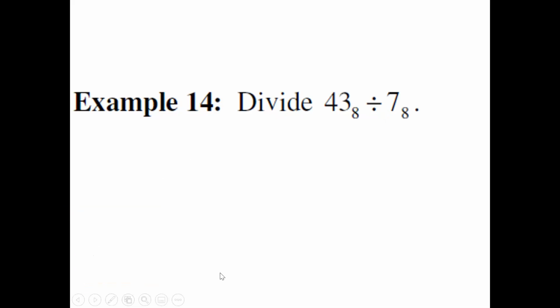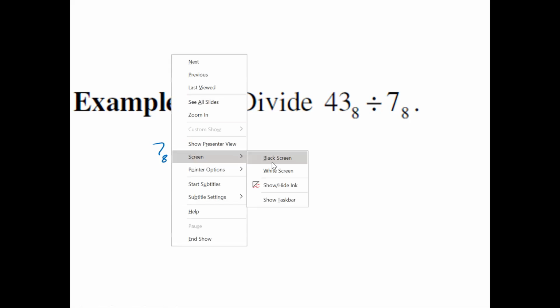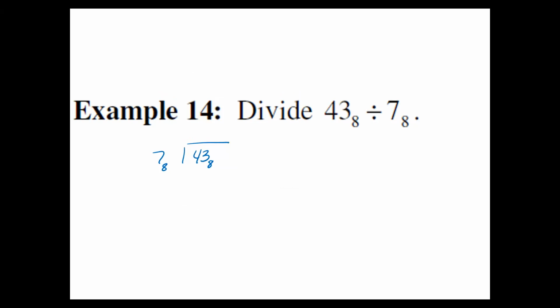All right, let's move on to the next one. The next one is going to be on division in other bases. With division, you have 43 divided by 7, and they're all base 8, okay? Using the table that you guys created from last class, I'm going to pull that up right now so that you have that from Tuesday.